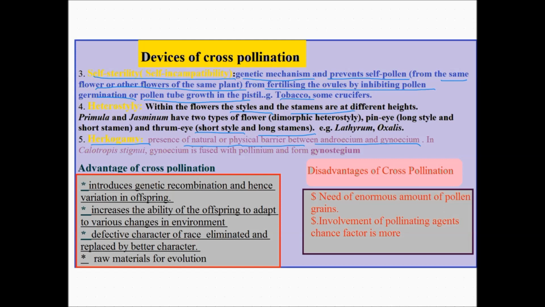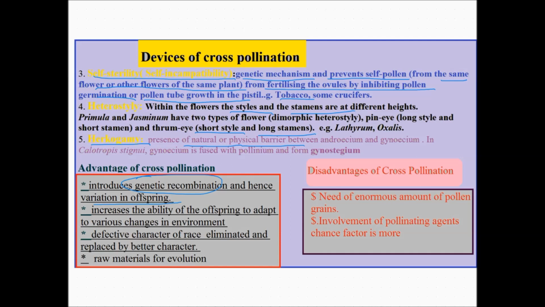What are the advantages of cross pollination? Since in cross pollination two different flowers of two different plants are involved, this is the breeding between two genetically different plants. So it introduces genetic recombination, and hence it brings variations in the progeny, in the offsprings.